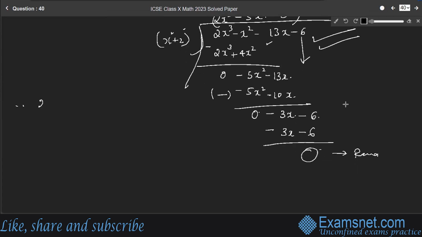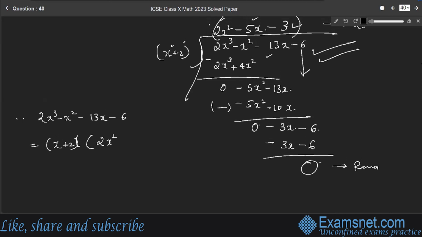Therefore, 2x cube minus x square minus 13x minus 6 is equal to x plus 2 into 2x square minus 5x minus 3.